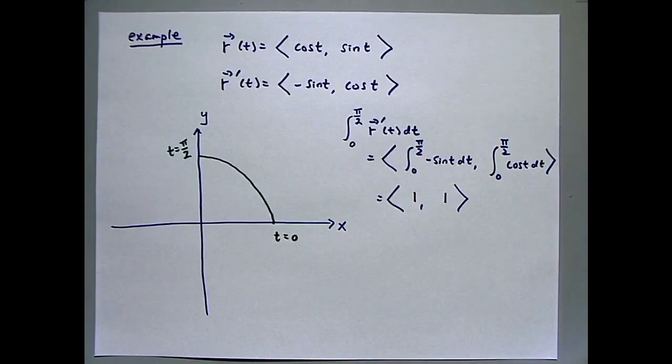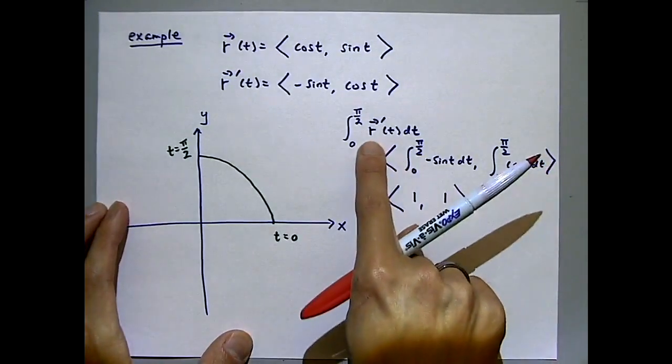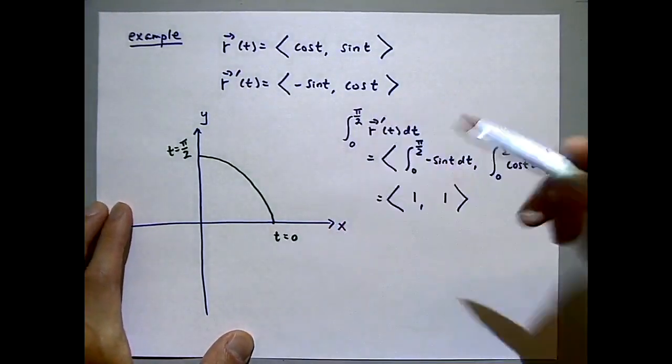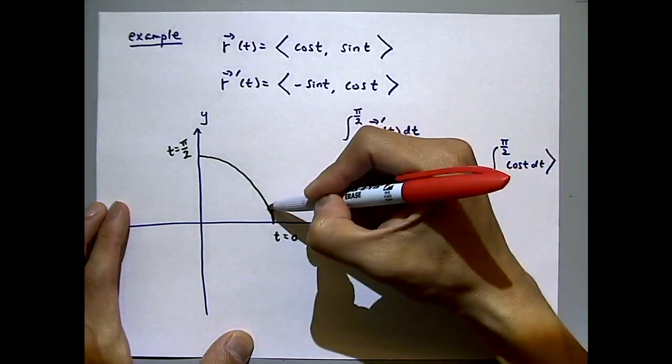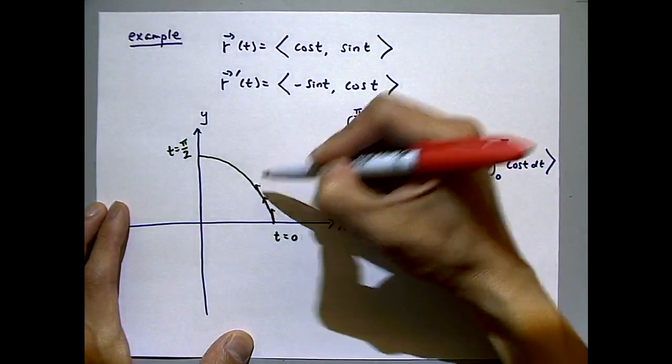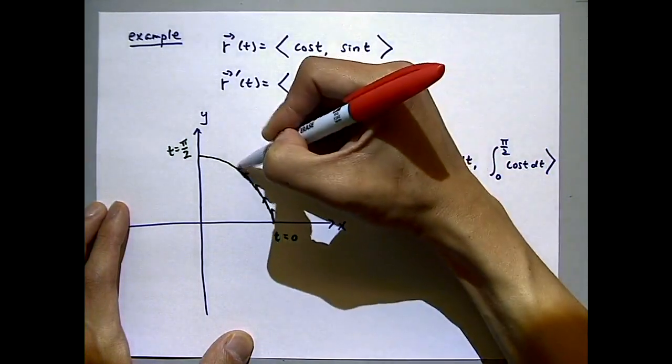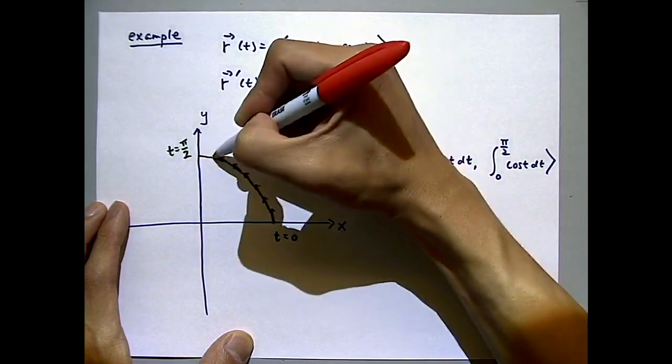Okay, so what does this tell us? What an integration is doing here is accumulating all of these little tangent vectors. So all of these red ones are the tangent vectors from 0 to pi over 2.